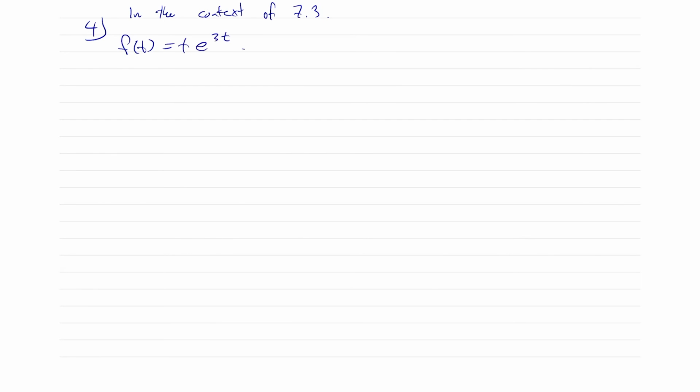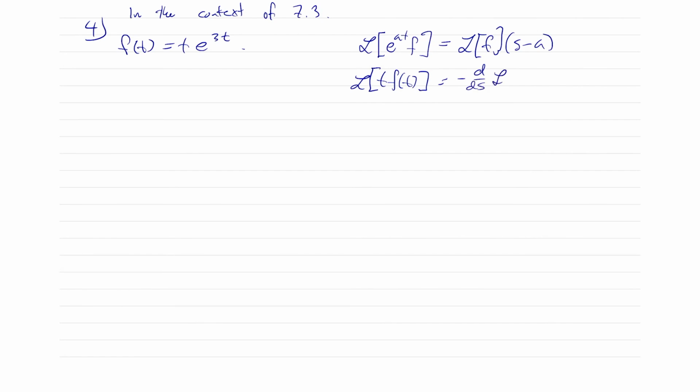Well, we know that if we have the Laplace transform of e to the at times f, then this is the Laplace transform of f shifted to s minus a. And if I multiply by t times f of t, then this is minus the derivative with respect to s of the Laplace transform of f of s. Right? So what are we going to start with?